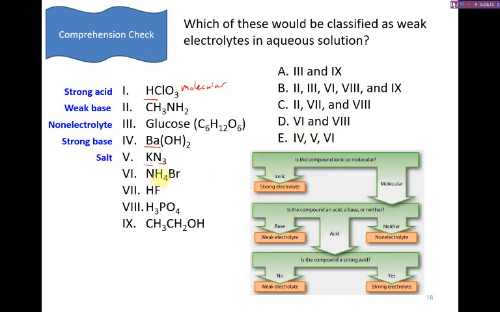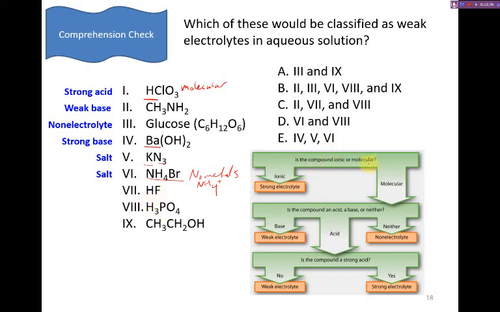The next one, we have ammonium bromide. On initial look, you might think that this is molecular because it has no metals. However, you need to remember that ammonium is an exception, and it behaves as a metal because it's a cation, and so this is an ionic compound. It's a salt.